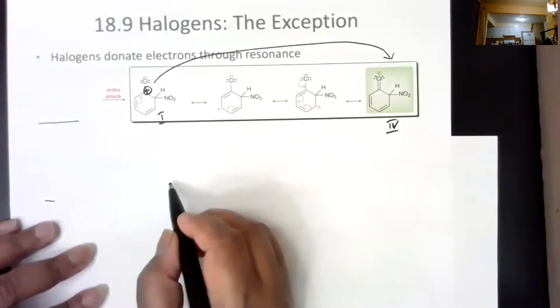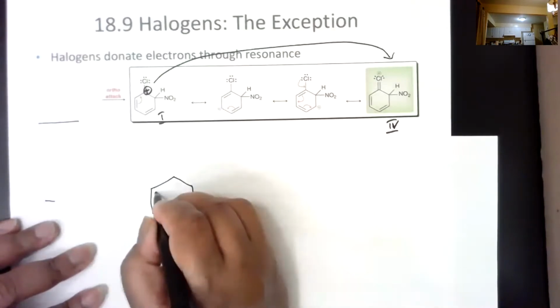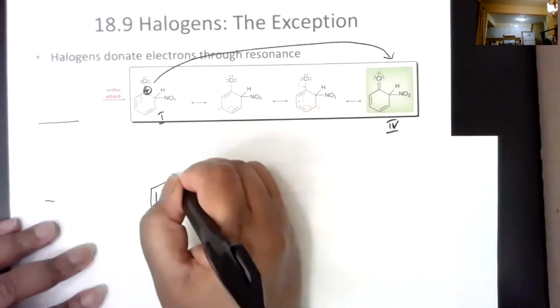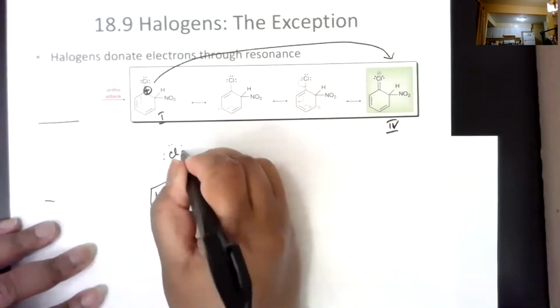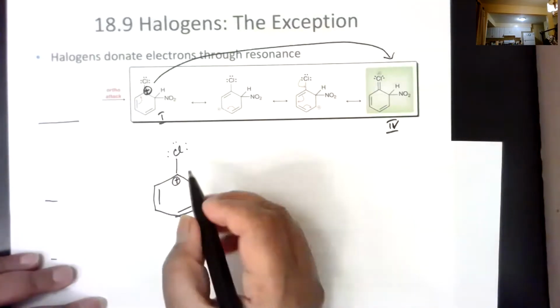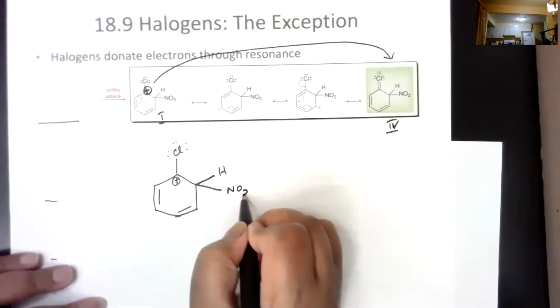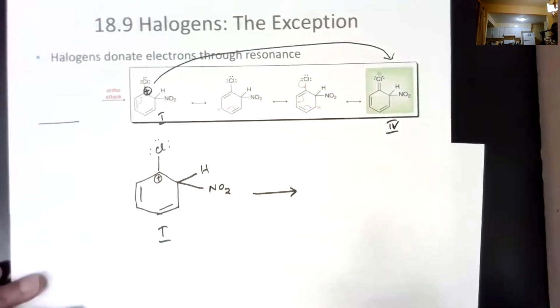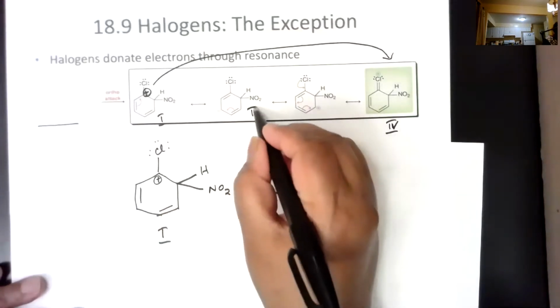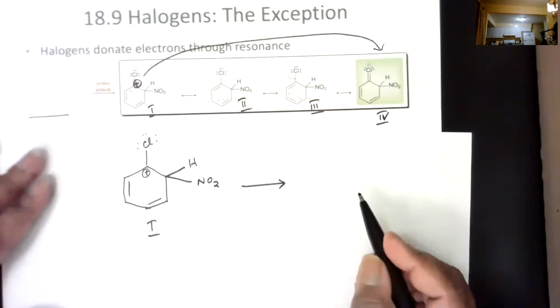I'm going to draw one. Cl, all its lovely electrons. And you can go directly to 4. Okay, you can do 1, 2, 3, and then from 1 you can go to 4.